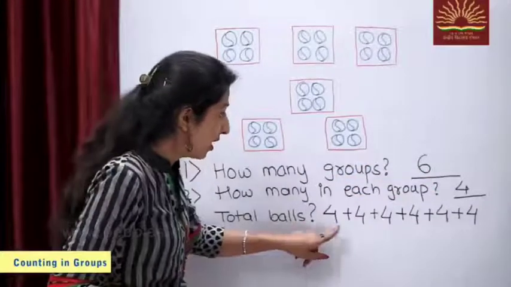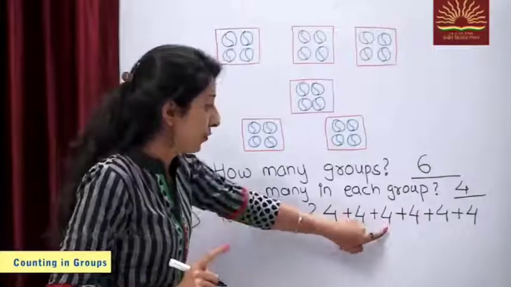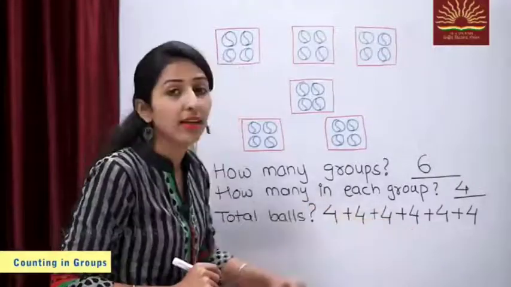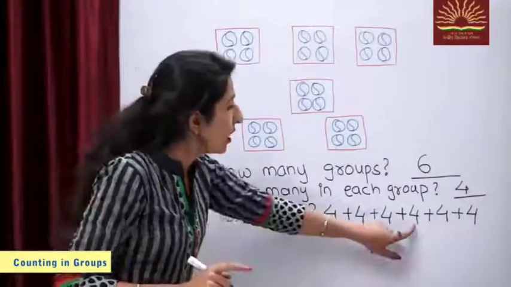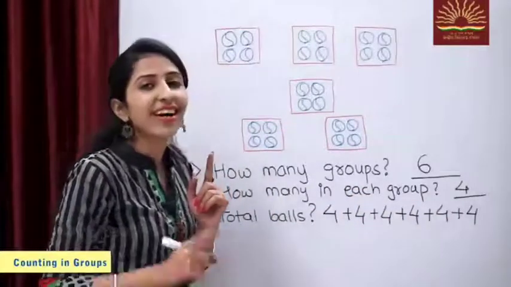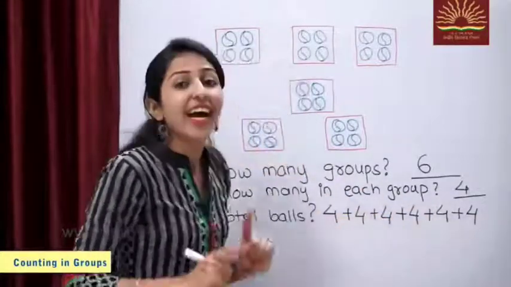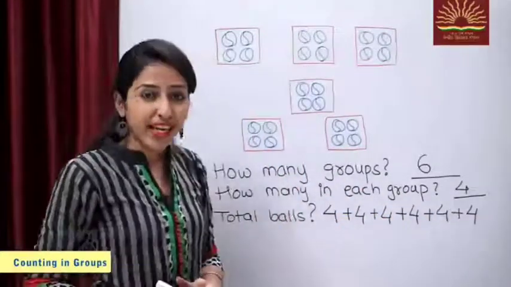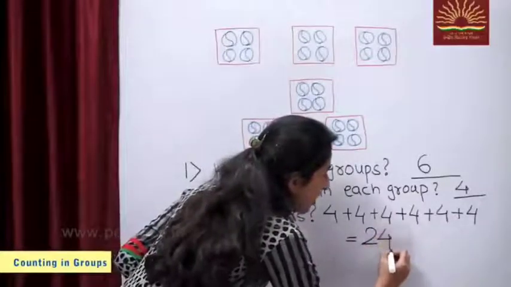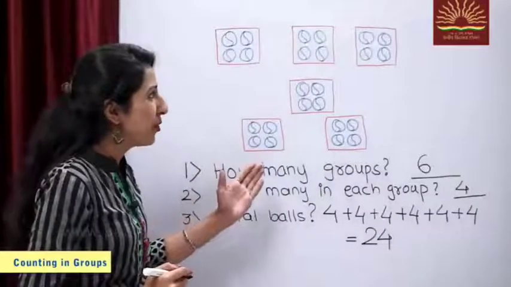So 4 plus 4 is 8. 8 plus 4 is 12. 12 plus 4 is 16. 16 plus 4 is how much? 20. 20 plus 4 is 24. So there are total 24 balls on the board.